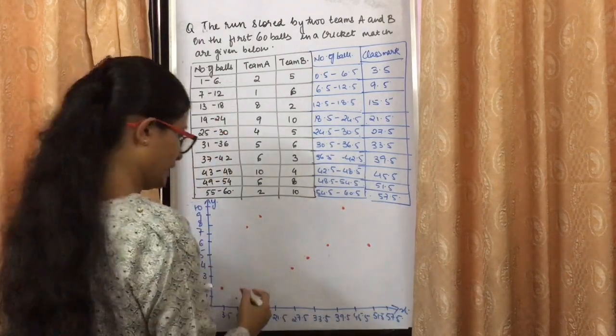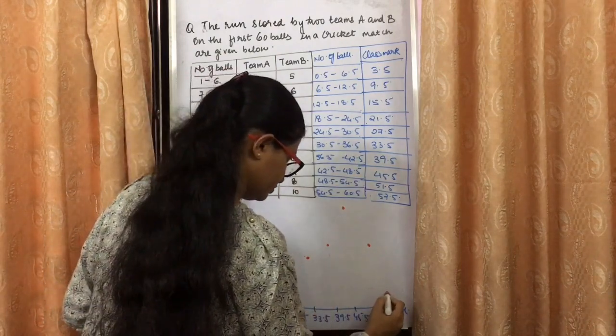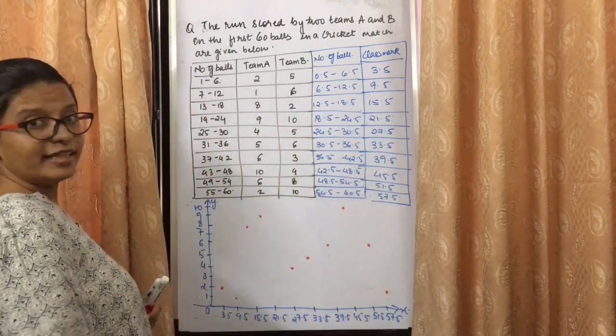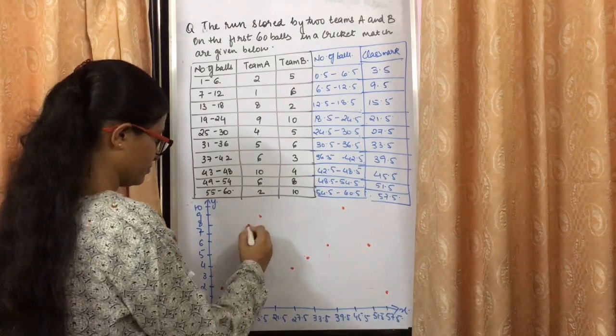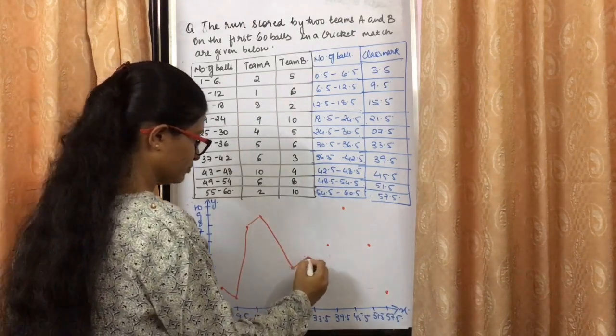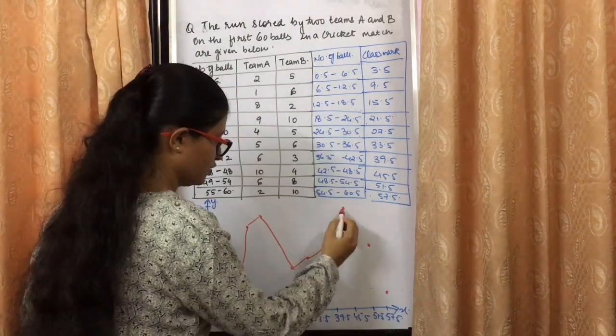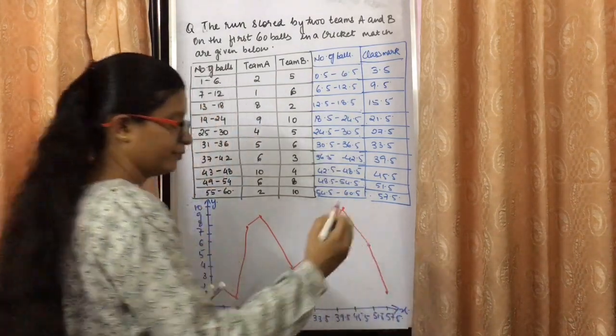And 57.5 we have 2. So these are the points. If I join it, I will get like this. Need to draw it by straight line.